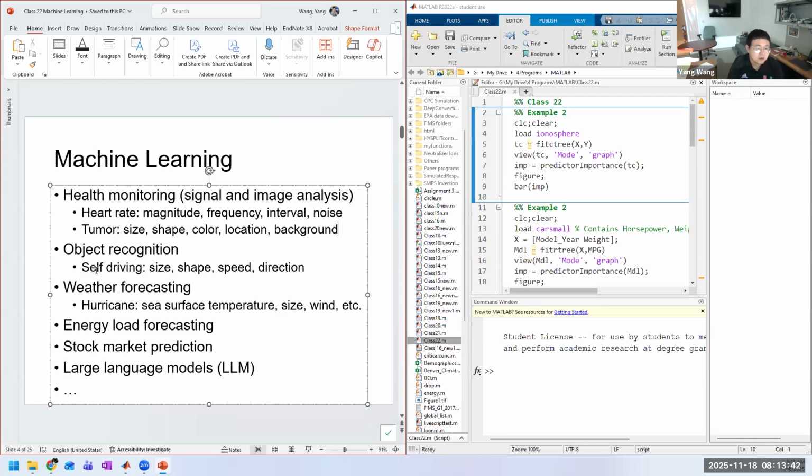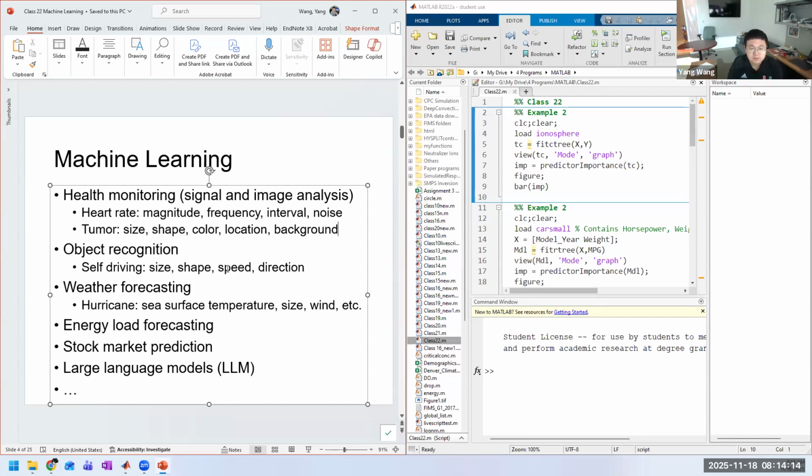So another example is object recognition. I'm using self-driving as an example, but you can also think of image analysis or tumor identification as object recognition. If a person is driving a car and trying to avoid a collision, we look in front of us to see the size and the shape of the object, because size and shape determine the type of the object, whether that's a human, a dog, a car, or a truck.